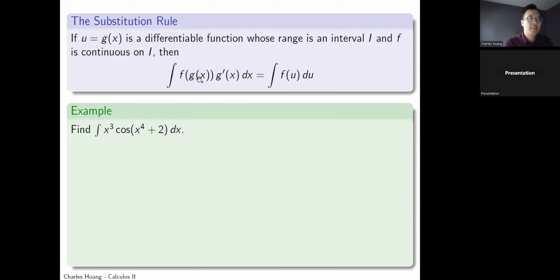If I have a complicated function like this, if I can substitute the inside, and I happen to have the derivative of that part, of the substitution part, then substitution rule will work, and I will be able to get a much cleaner function to do the indefinite integral, to do the antiderivative.